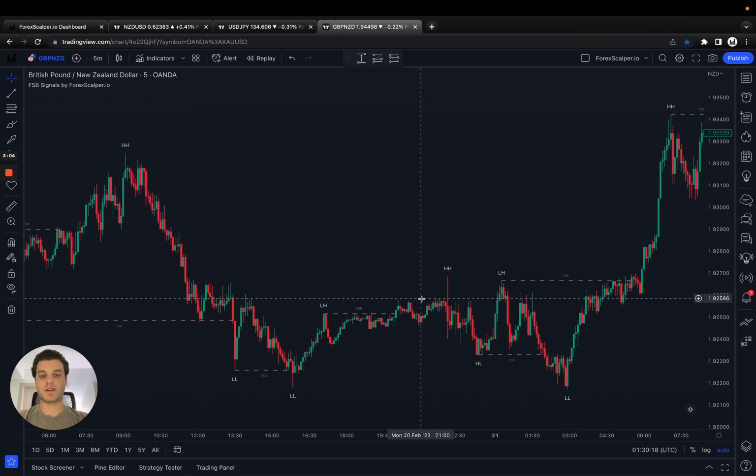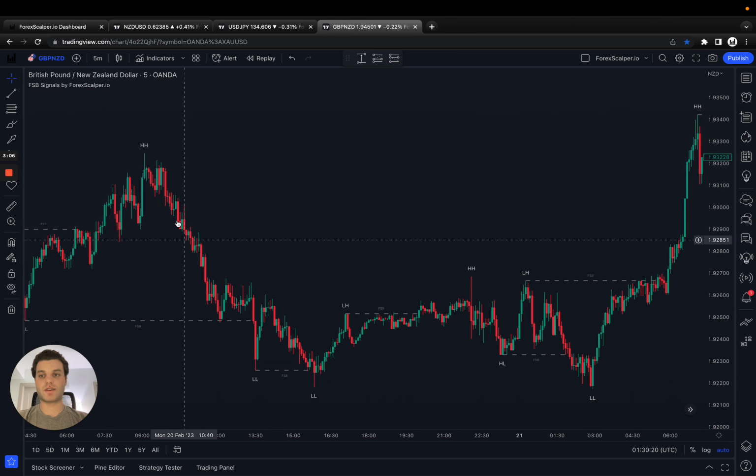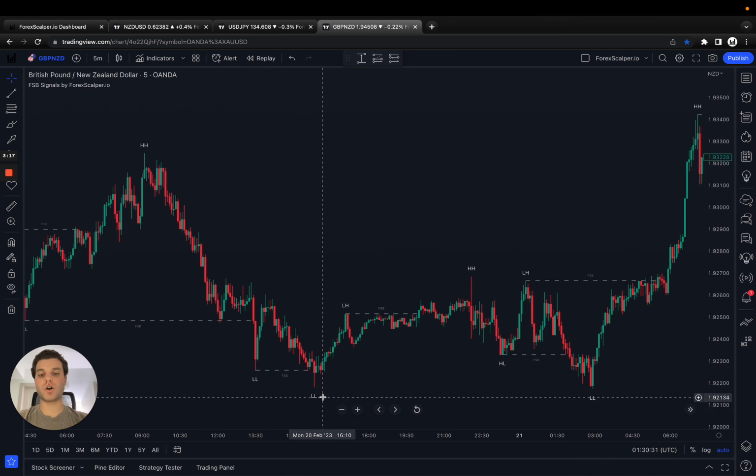So let's zoom in here, and for example, as you can see, higher high, lower low, and then the last one was a lower low. If we're talking about lows, it was a lower low, and then we had a breakout right here. But the previous anchor point that we're talking about here was a lower low.